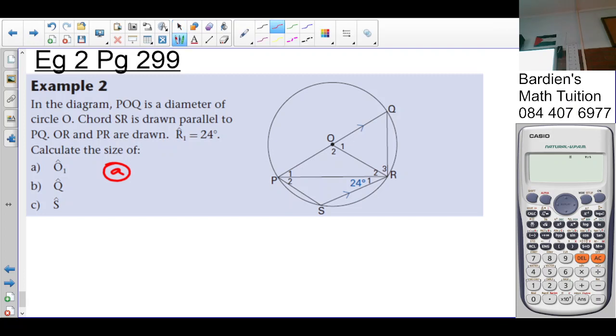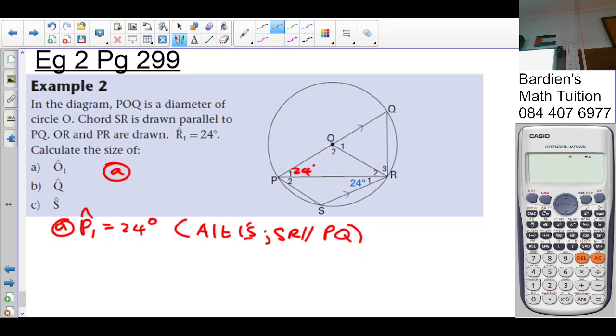Alright, so we're saying angle P1 is equal to 24 degrees. Why? It's alternate angles with SR being parallel to PQ. SR is parallel to PQ.